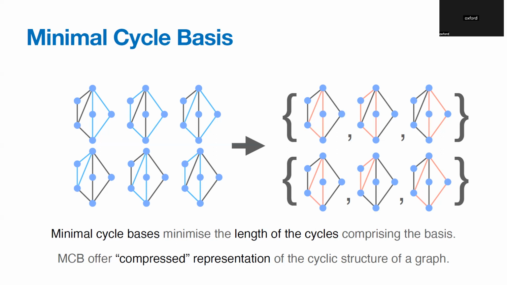So there's a notion of minimality in the question of how close to a tree you are, right? And that's going to come back again with this notion of transitive reduction that I will talk about in a minute. So what we liked is that this minimal cycle basis gives you a compressed representation, in terms of length or the amount of information you need to describe the cyclic structure of your graph.